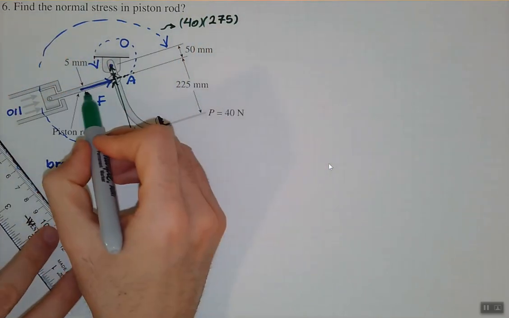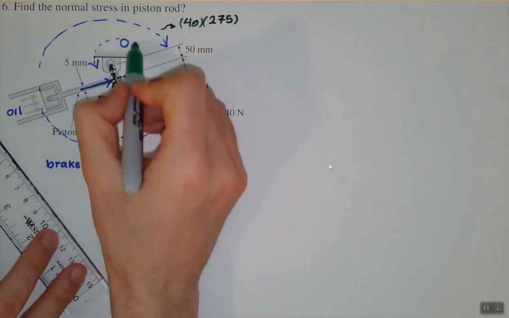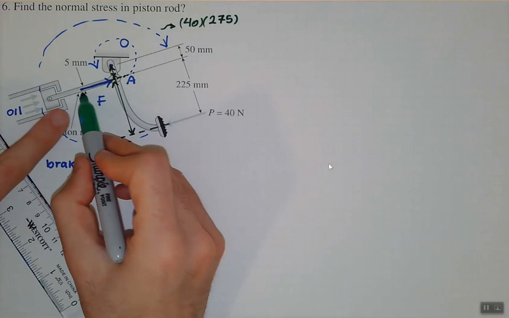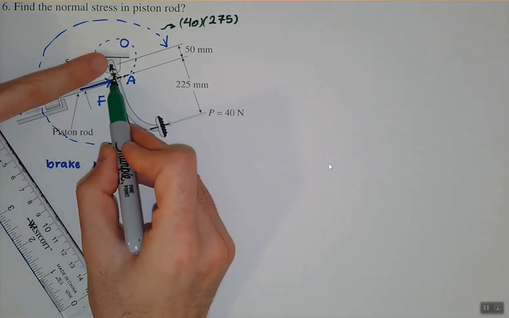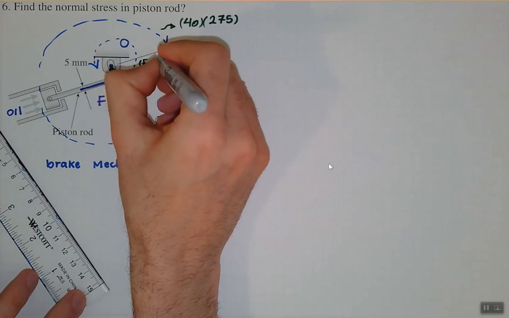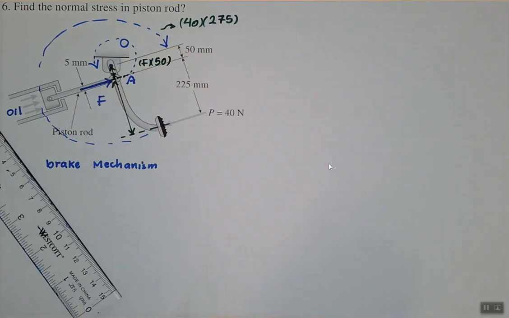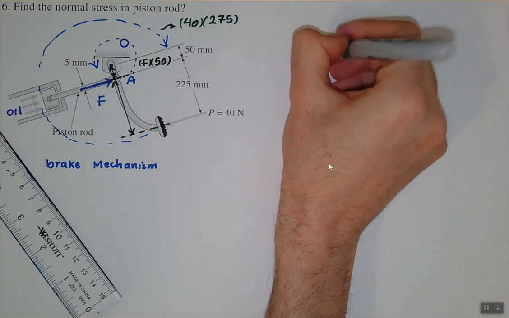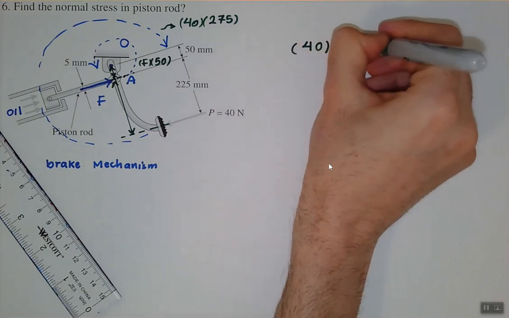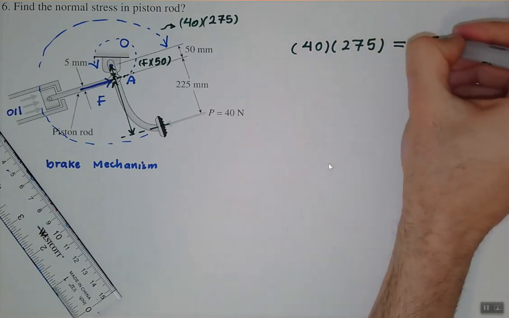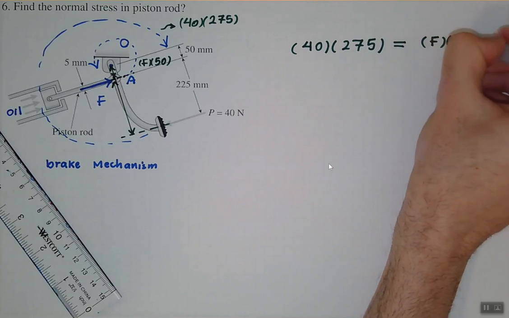And this load F is creating a torque counterclockwise, which is the load multiplied by the arm, or the perpendicular distance, which is 50. So F multiplied by 50, and these two have to be balanced. So I simply write down 40 multiplied by 275 has to be equal to F multiplied by 50.